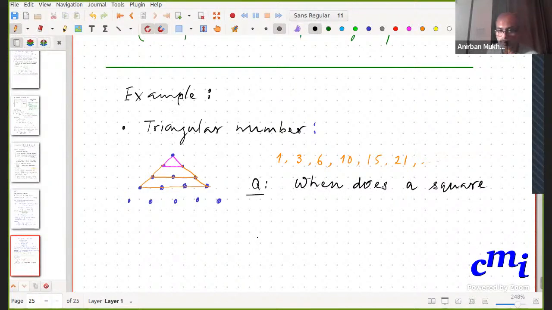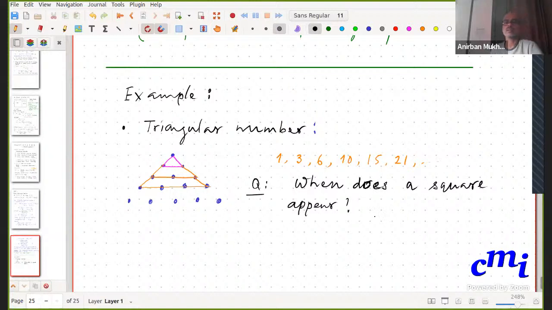Do they appear at all? Because a priori there is no reason that there would be squares. Or if they appear, then how many are there? You can ask all these questions.